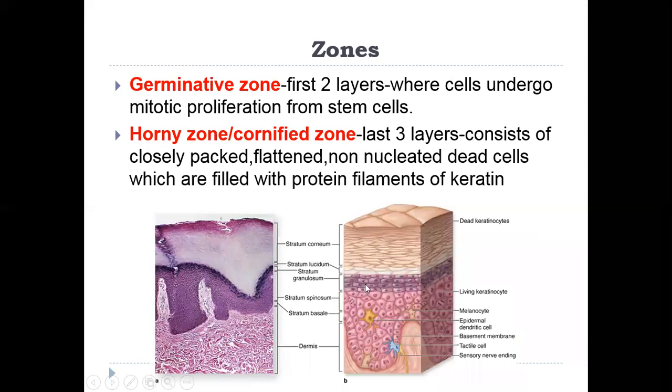These three layers can be grouped into the horny zone because here the cells are not produced, and here the cells lose their organelles and die off slowly, and they get filled up with the protein filaments of keratin. So this zone is the horny zone or cornified zone, and the first zone, the germinative zone, consists of stratum basale and stratum spinosum. Again, this is dermis, this is epidermis, from here to this place.